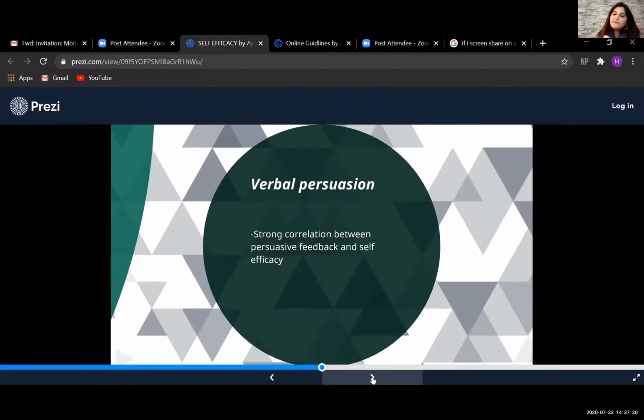If you give them feedback that is not reliable and that has no standing, then rather than having a positive, engaging, constructive effect, it can have a negative impact. So there's a strong correlation nonetheless, but you have to be very careful in giving feedback.